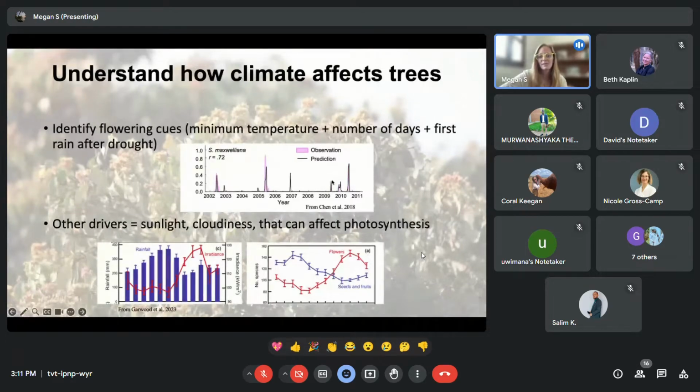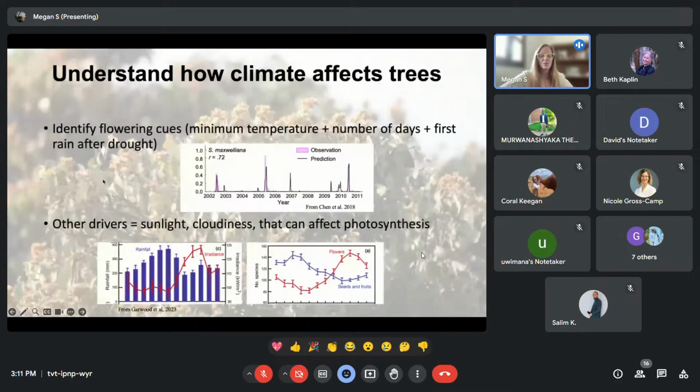And so incorporating these multiple different steps of seasonal fluctuations in climate in the model, they were able to really well predict the timing of flowering in this certain tree species.